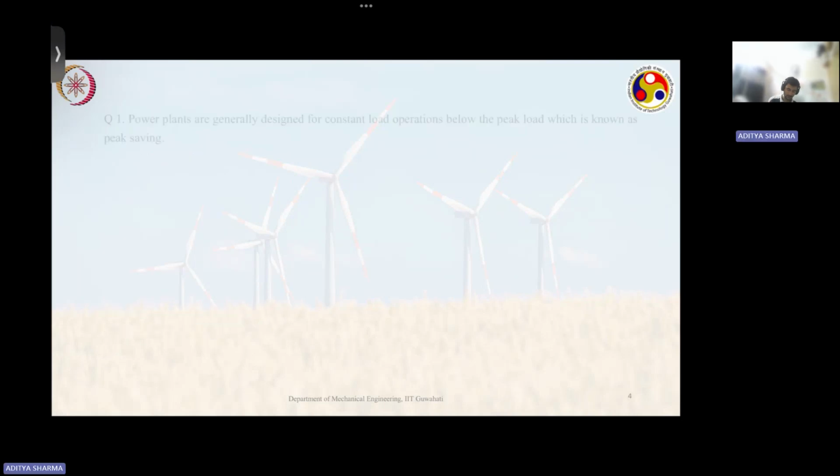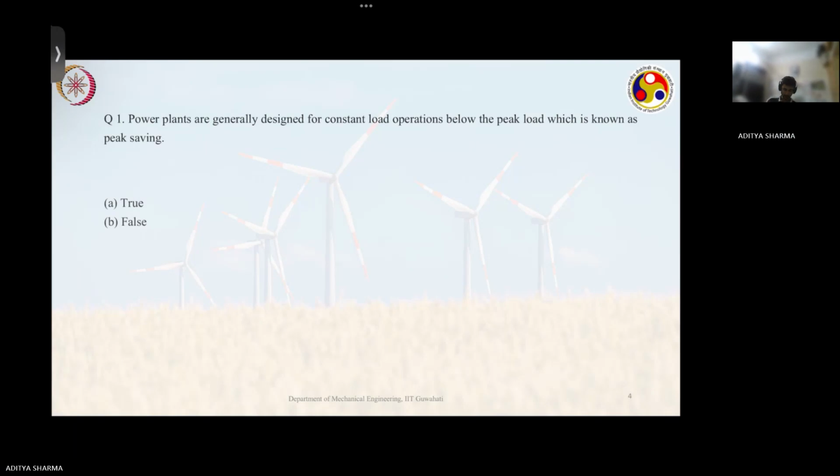Then, moving on to questions. Whether this is correct or not. The statement talks about peak saving.